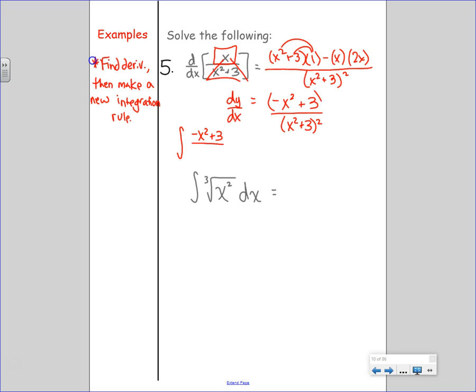We couldn't pull out that negative, in case you're wondering why. They don't match. Plop in the derivative, and guess what comes out? The original. Except we didn't know whether or not there was a constant, so if it was an integration rule, we would put the plus c. If we're just given the derivative, we wouldn't know where it came from. Now this might open your eyes a little bit.